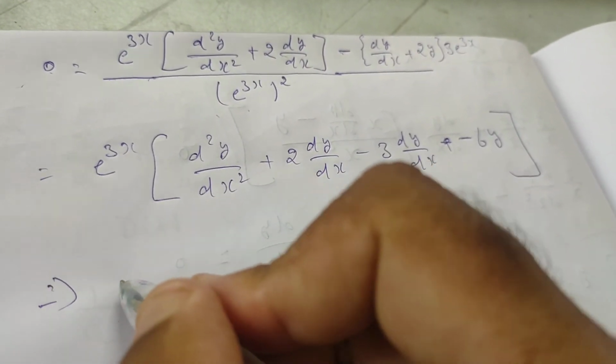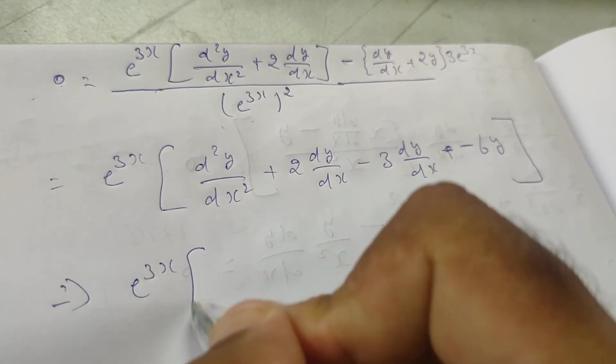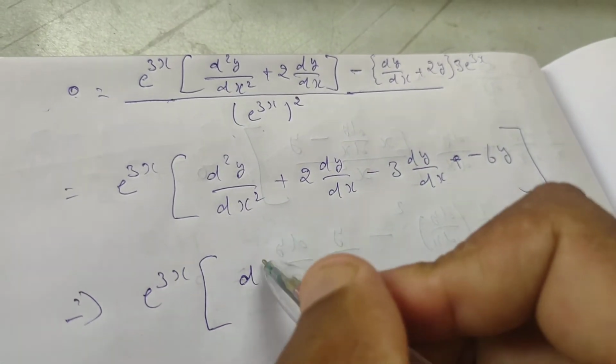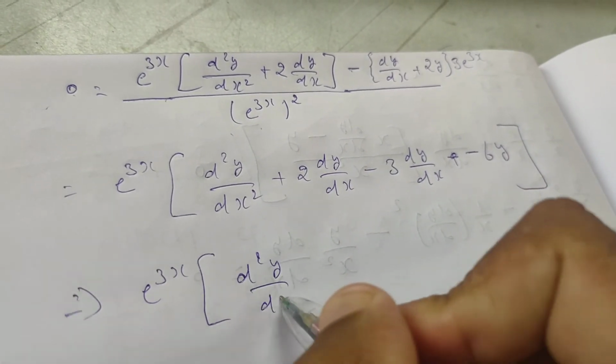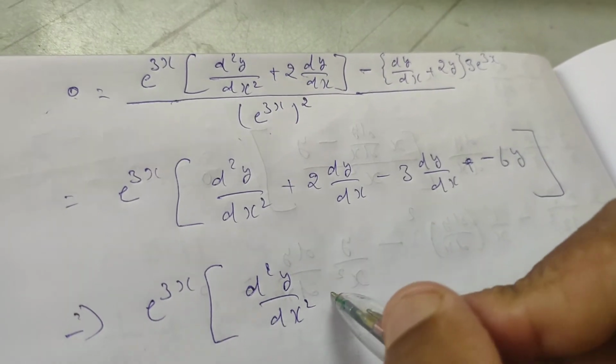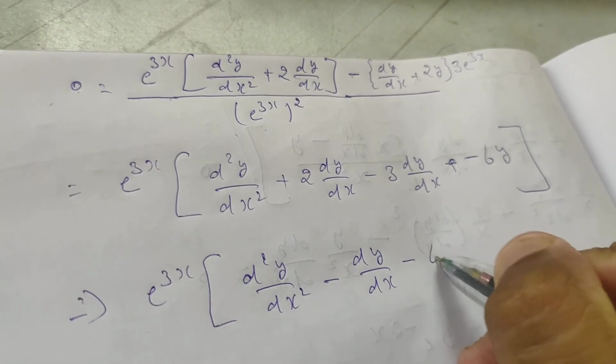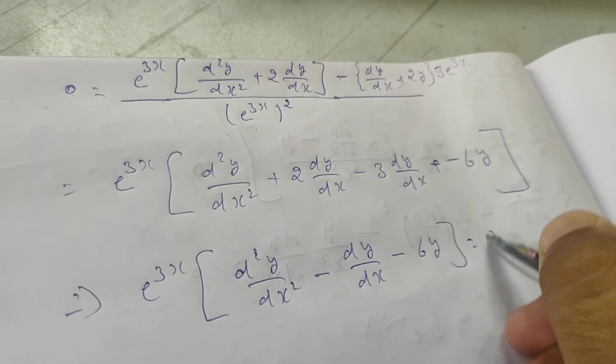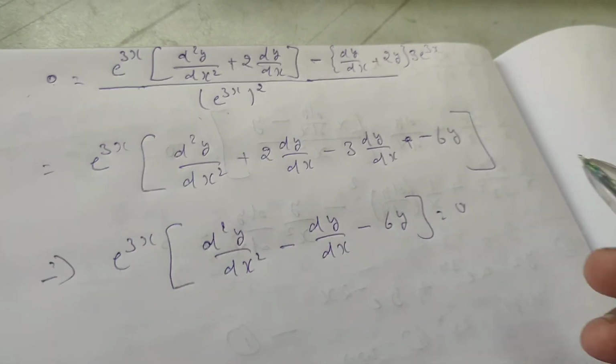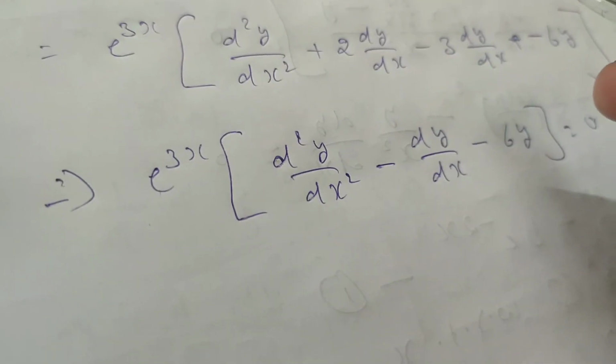This implies e raised to the power 3x into d square y by dx square minus dy by dx minus 6y is equal to 0, and this will come to this side and become 0.